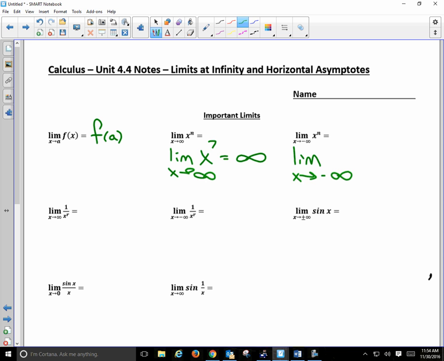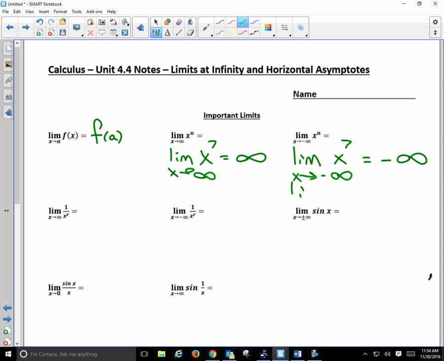Suppose you take a very large negative number to the 7th power. You're going to multiply it out 7 times, and you'll get out a negative number.